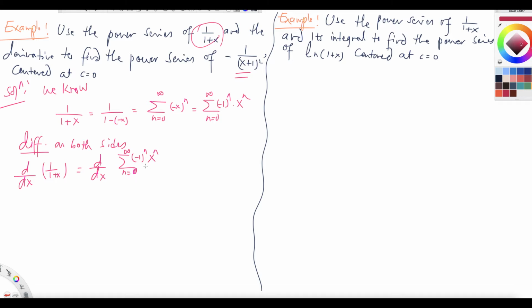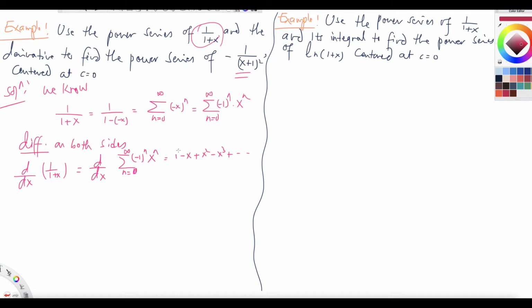You see that? So for example, look at this. When n equals to 0, because if you expand this, how does that look like? You'll get 1, okay, and then minus, because when n equals to 1, it will be negative 1 to the 1, and then x to the 1, that will be minus x, and then plus, if you plug in 2, then you get x squared minus x cubed, and so on, right?